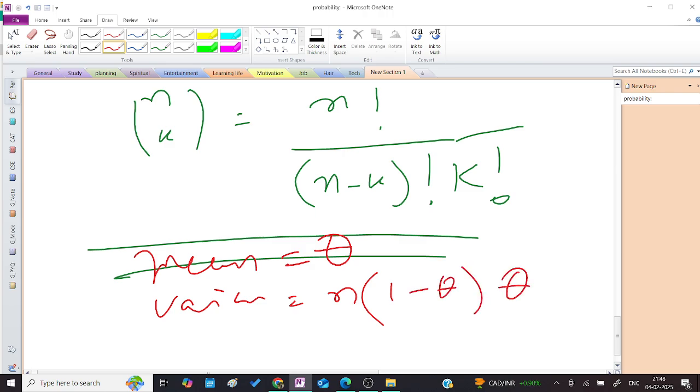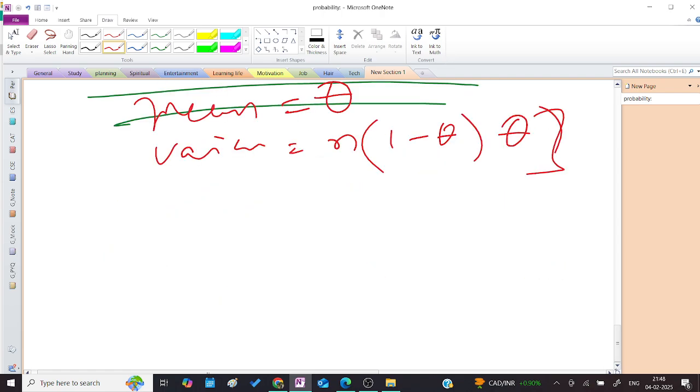Okay, with variance we mainly say how much the spread is. If the spread is too high or too low, the variance will tell us how spread out it is.